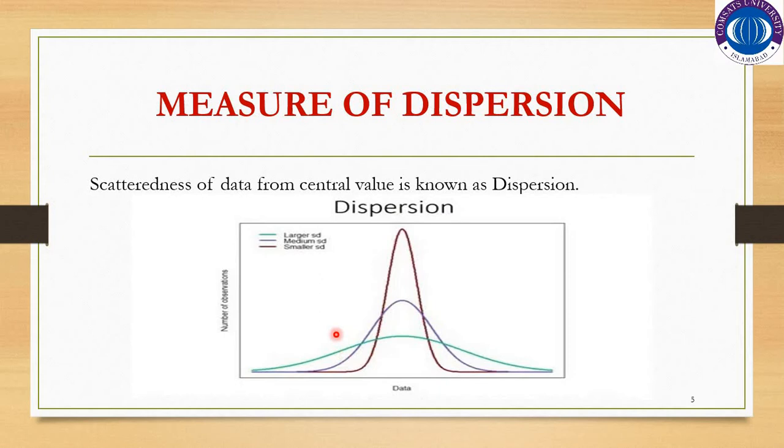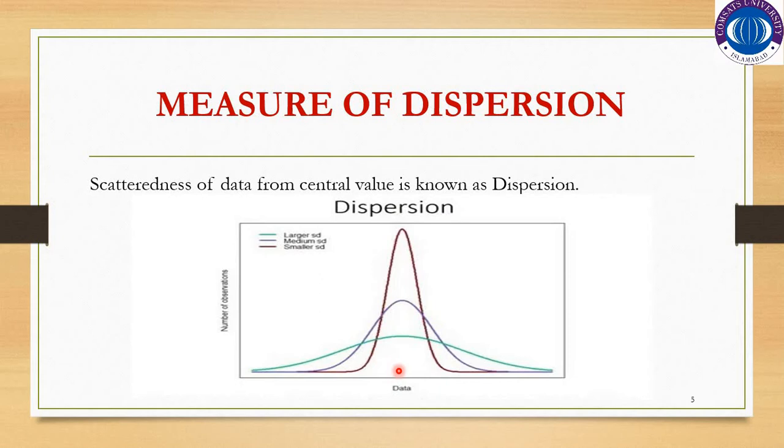So if you see this, all of these 3 data sets have the same mean, as this is the central value. All of these 3 data sets have the same mean, but they have different dispersion. Why?